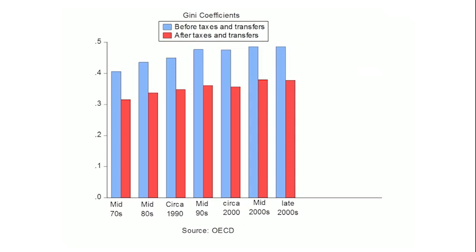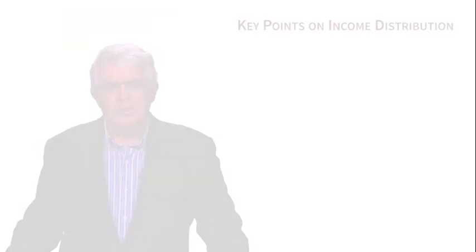And you can see in the red how after taxes and transfers there's more equality, the Gini coefficient is lower. But in both of these cases, the Gini coefficient is increasing. It's increasing before taxes and transfers, and it's increasing almost by the same amount after taxes and transfers. So this increase in inequality is most likely due to other factors than changes in taxes and transfers. And one really important question in economics is why.